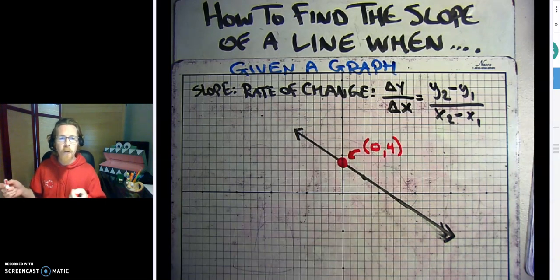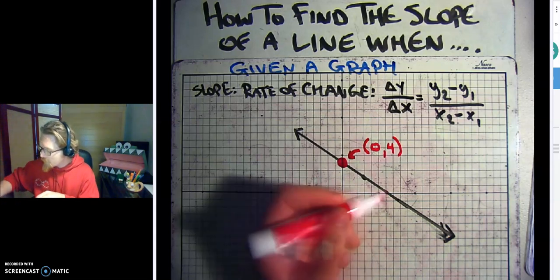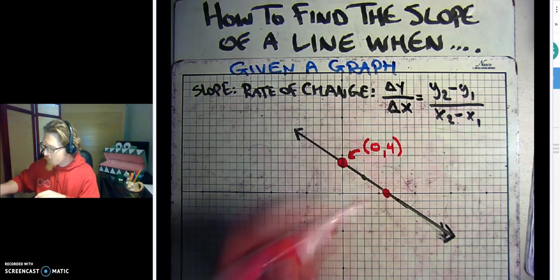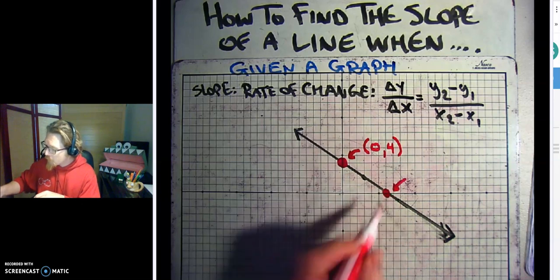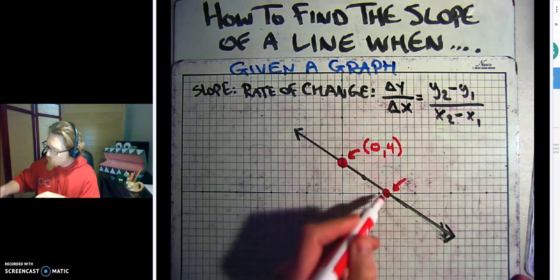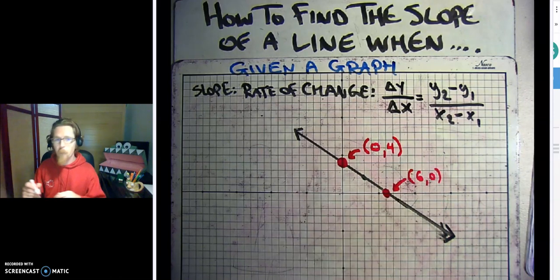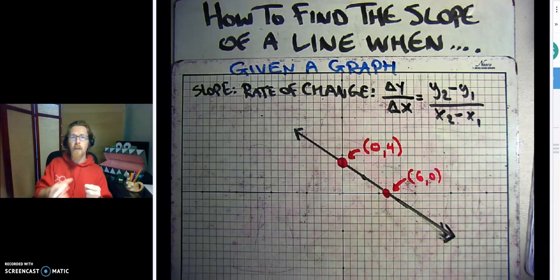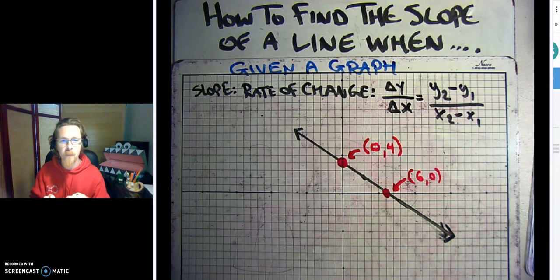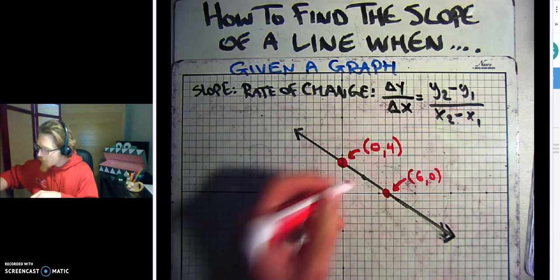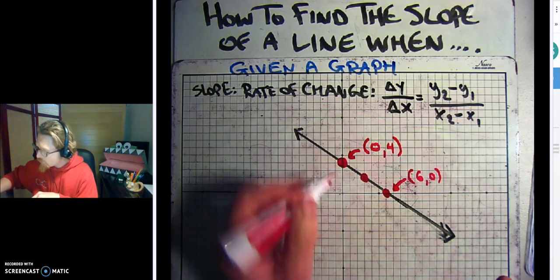Now I can find another really good point. Like here, the x-intercept looks like a point. Here, 1, 2, 3, 4, 5, 6. So it's crossing the point (6, 0). These are called intercepts, and intercepts are places where your line crosses the x and y axis. Now we also can identify other points on the line, like this point right here.